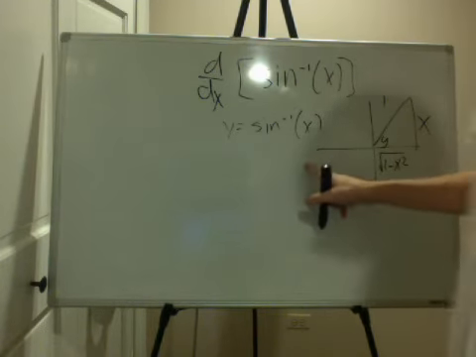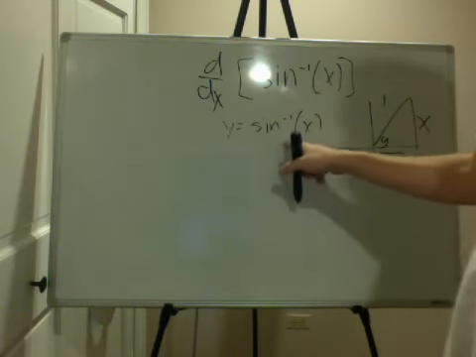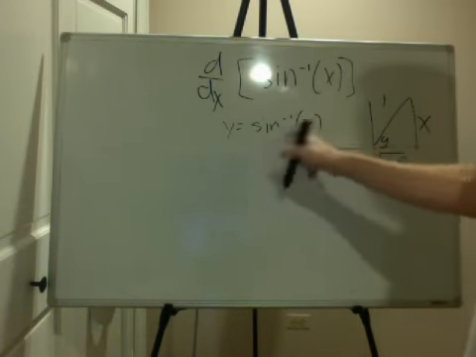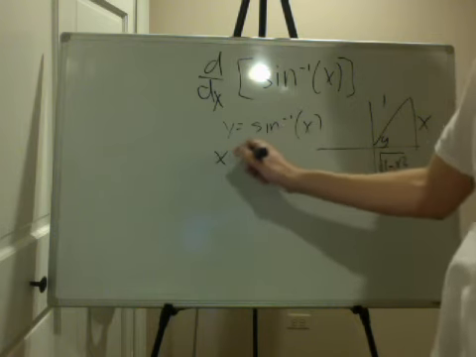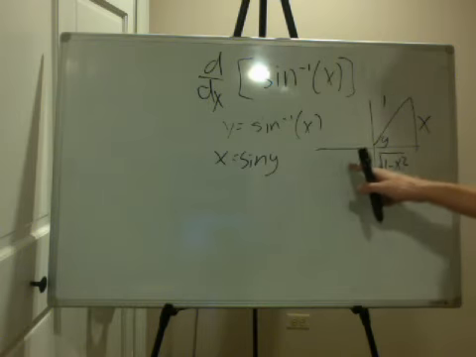So if you wanted to find the derivative, you could think of it this way: if y equals the inverse sine of x, that means x equals sine of y, flipping it to the other side, which is where I got this picture from.